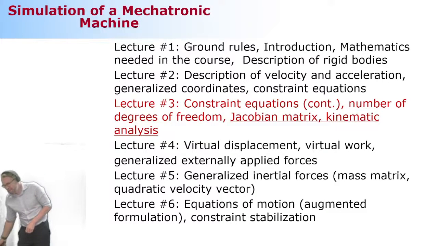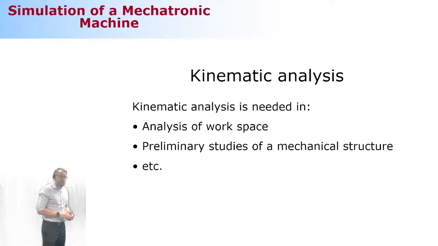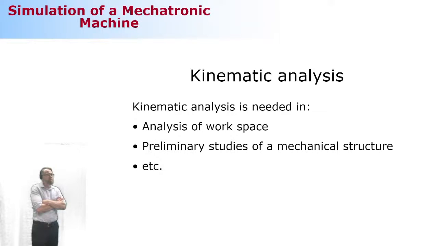Okay. Jacobian matrix, kinematic analysis. So this whole story is related to kinematics. Kinematic analysis is actually used quite a bit. If you look at CAD software, there is collision analysis that figures out if assemblies are possible. This kind of stuff is typically made by using kinematic analysis.